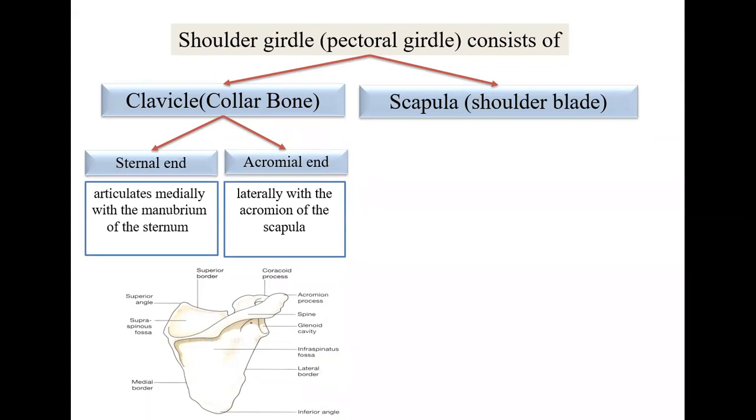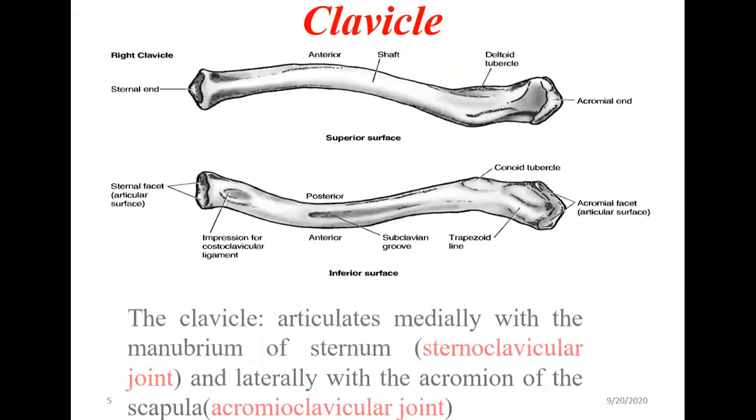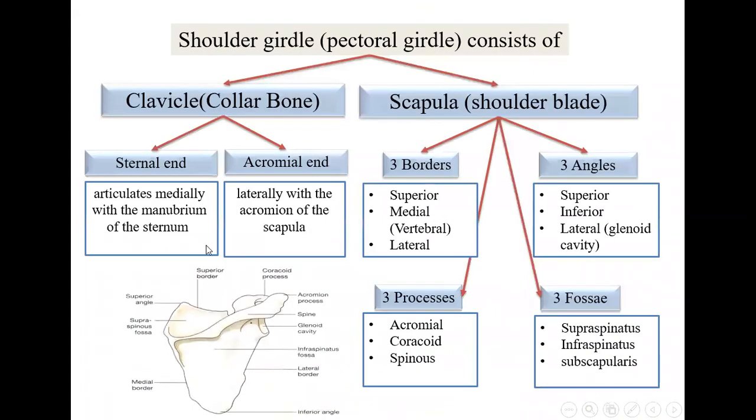We'll show the picture, then we'll discuss more. So this is the clavicle here. It consists of two ends: the sternal end and the acromial end. The sternal end articulates medially with the manubrium sterni.